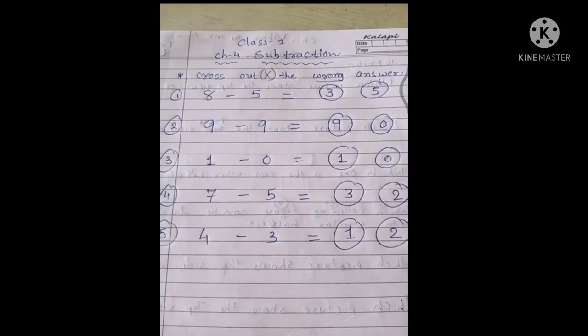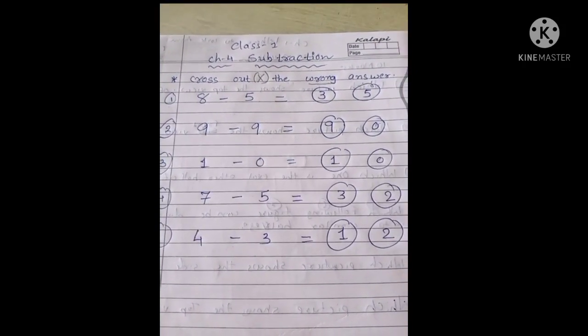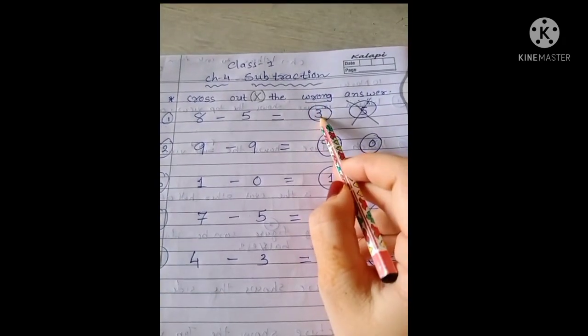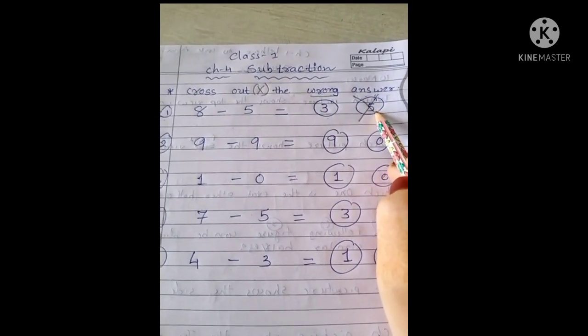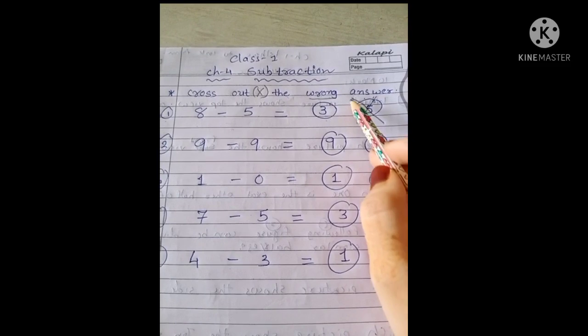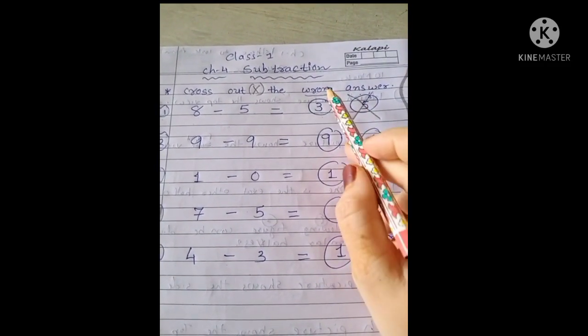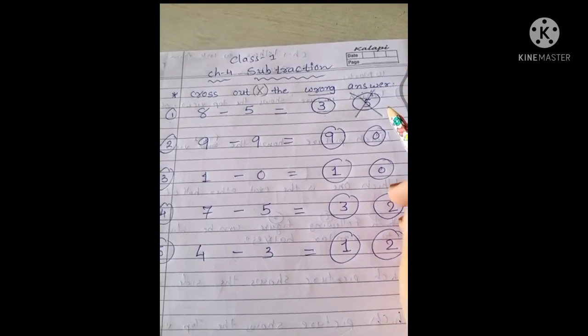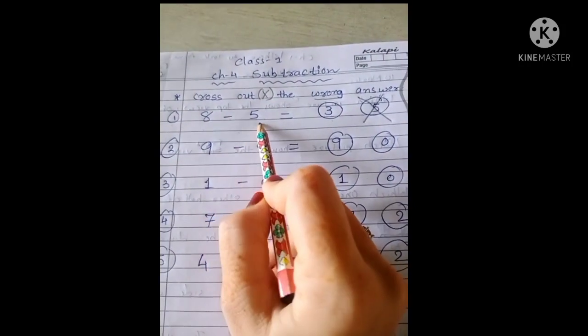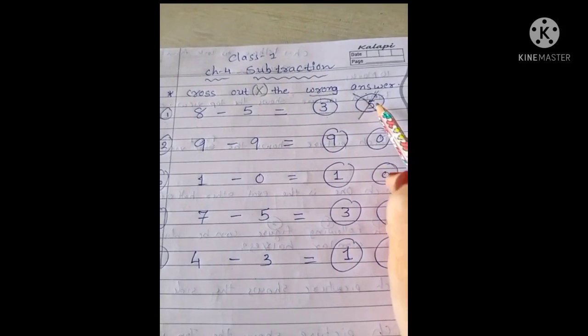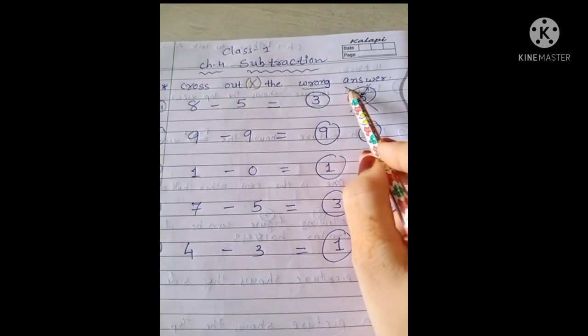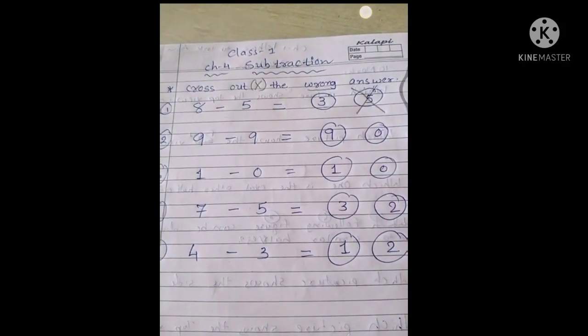How many remaining? 3, right? So we get answer 3. So 5 is the wrong answer. So we have to put a cross mark on the number 5 as we get 5 as a wrong answer. Right? Understood? 8 minus 5 we get answer 3. So 5 is the wrong answer. So we have to put a cross mark on number 5.